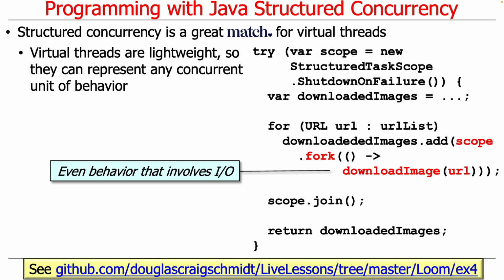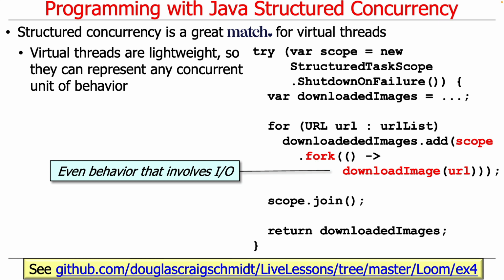Since virtual threads are lightweight, they can be used to represent any concurrent unit of behavior. You don't have to limit them just to CPU-bound operations. You can use them for operations, behaviors, or tasks, whatever you want to call them, that involve input and output, synchronizers, or database operations.